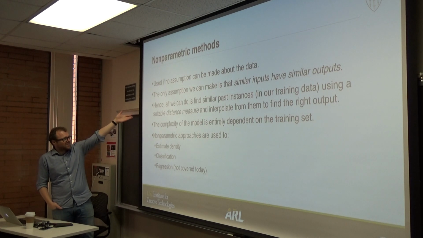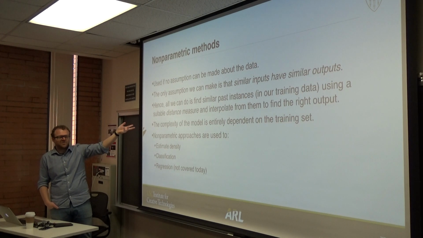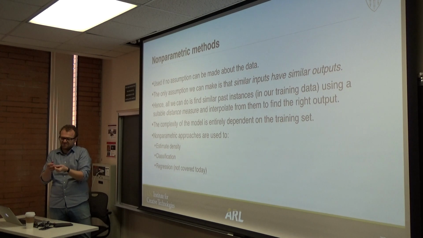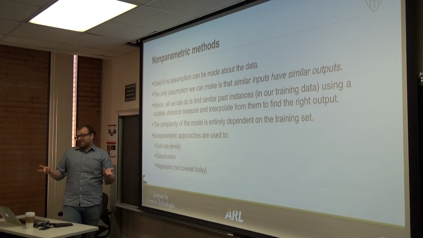Well, basically, now all we can do is find similar past instances in our training data set, use a suitable distance measure, and interpolate between them to find the right output. So, what are suitable distance measures? Well, that also depends.